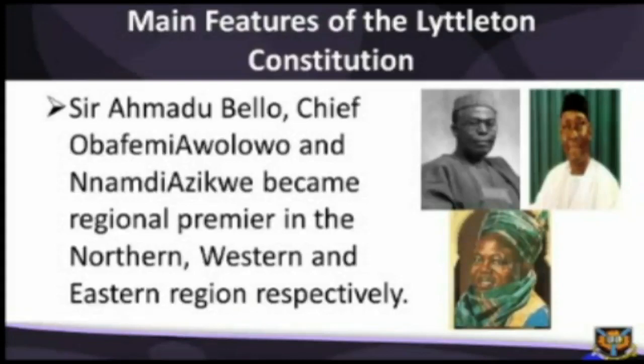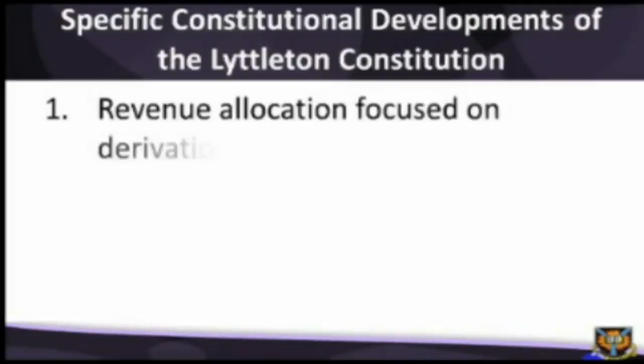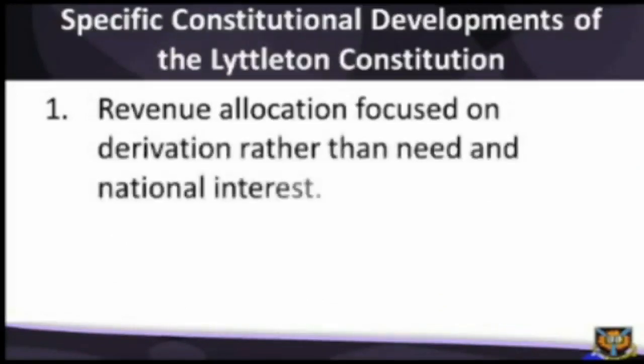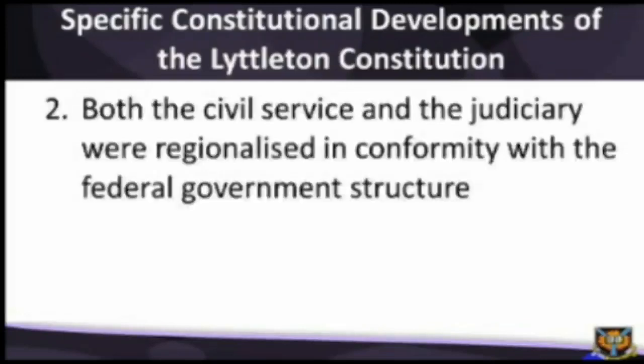For instance, the governor was to be designated Governor General and lieutenant governors as governors of regions. Other specific constitutional developments include: 1. Revenue allocation focused on derivation rather than need and national interests. 2.